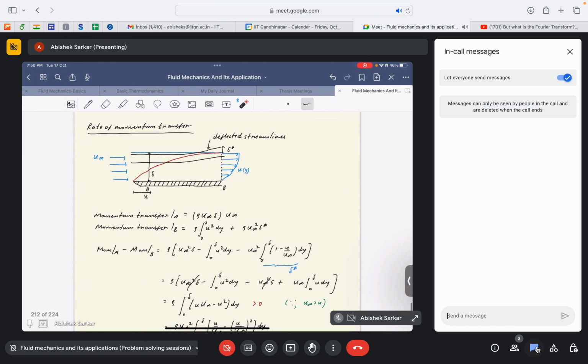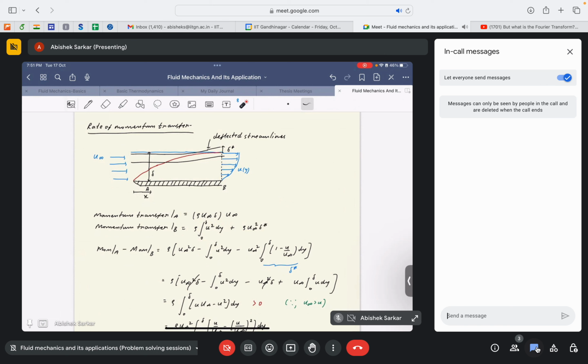Then similarly at B, for the first part, from 0 to delta, basically this term, it can be written as rho into the integral from 0 to delta of u square dy, and for the second part, this one, it can be considered as rho u infinity square delta star. Quite simple and quite similar to what we have derived for the displacement thickness.